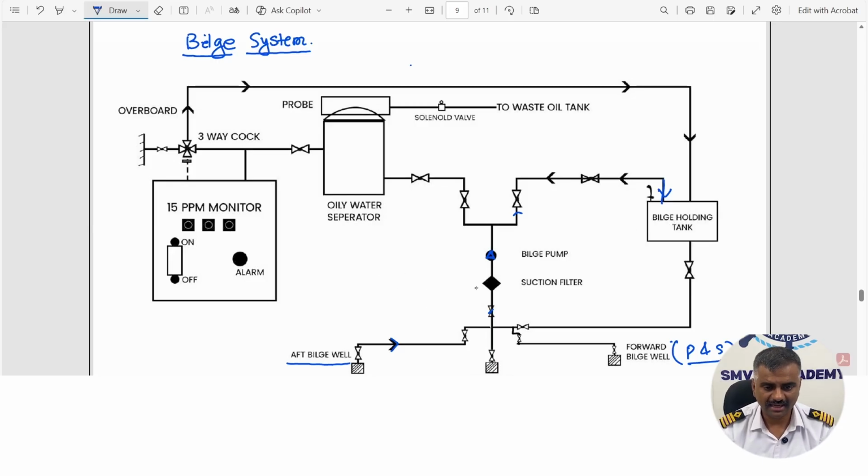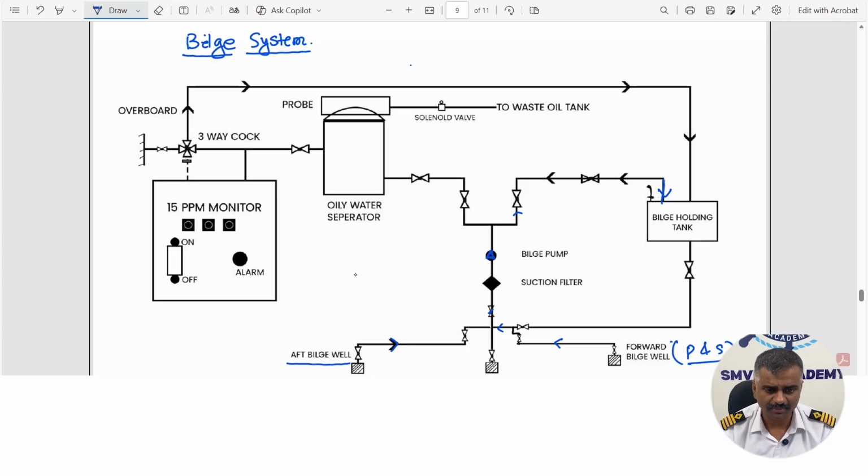As the alarm clears, you turn off the bilge pump and close the valves in this line. So from the aft bilge well you can transfer in this way to the bilge holding tank. From the forward port and starboard bilges, you can similarly transfer by starting the bilge pump, through this line to the bilge holding tank.